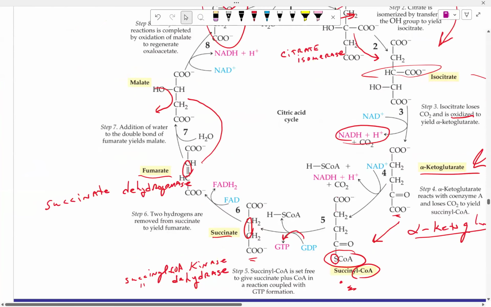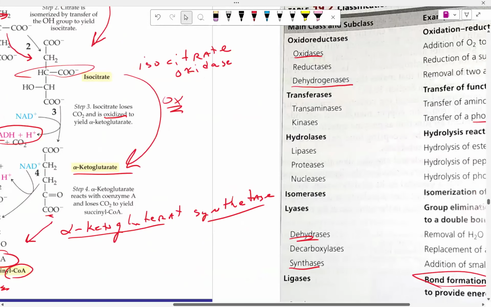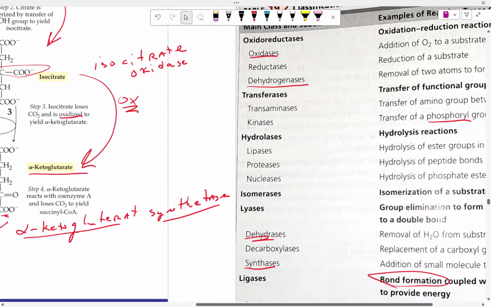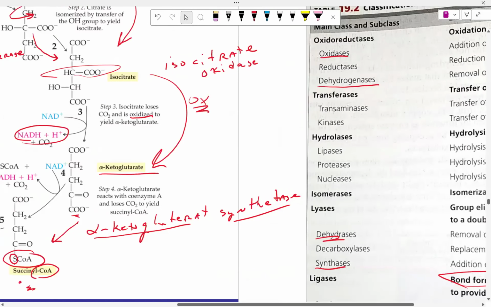So the substrate is fumarate, and then the function is going to be synthetase. Wait a minute, synthases.